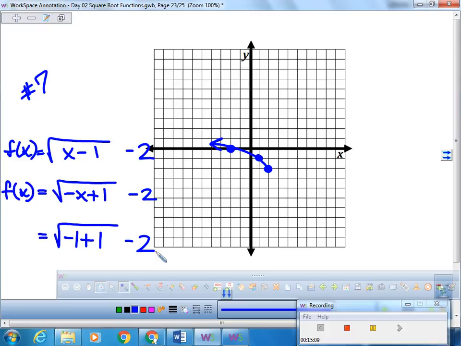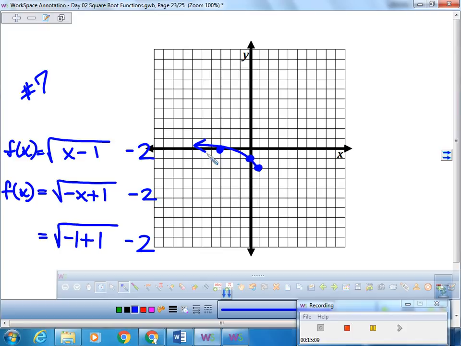Let's see. It's over 1, down 2, over 1. Oh, it's right. My vertex is wrong. It should be over 1, down 2, like this. This scale is different on here. It's halved, so that's where I messed up. So it should be here. And then over 1, 2, 3, 4, up 2. Am I right?